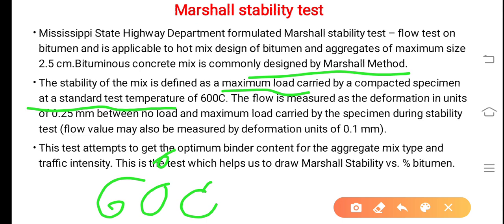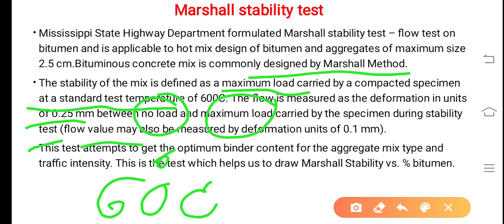So 60 degrees centigrade. The flow is measured as the deformation in units of 0.25 mm between no load and the maximum load. That is the two extremities, no load and maximum load. The deformation carried by the specimen during the stability test is measured in 0.25 mm penetration units.